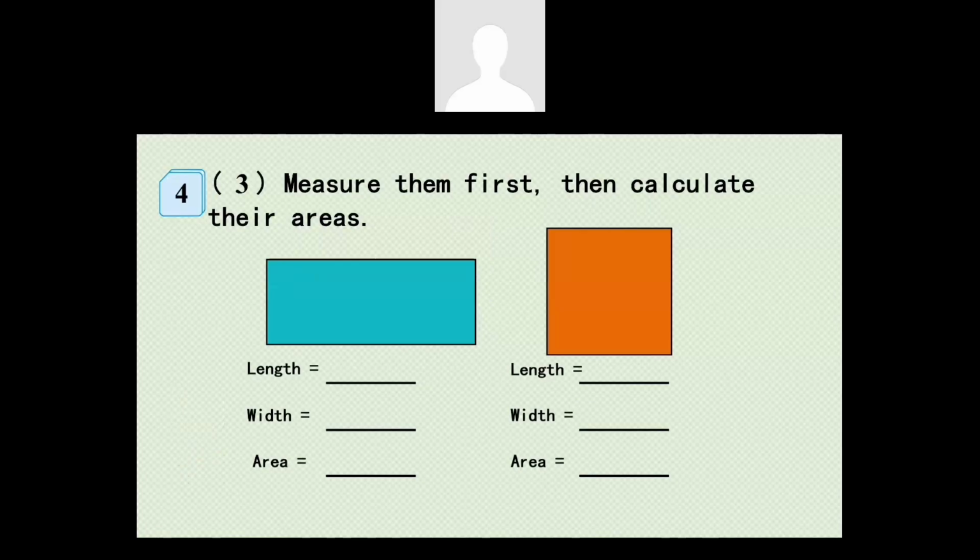Okay, who has the first one? 5 times 2 equals 10, so 10 square centimeters. Okay, correct. And the second one. 3 times 3 equals 9, so 9 square centimeters.